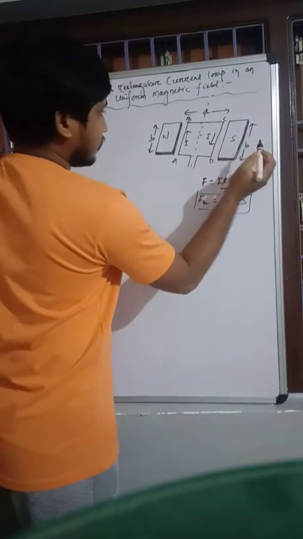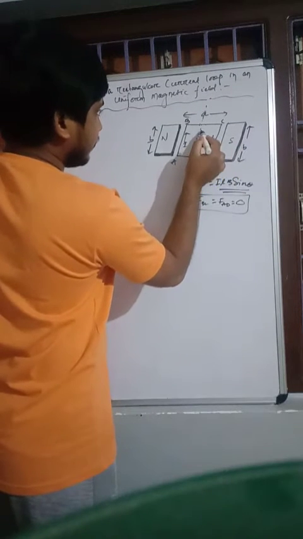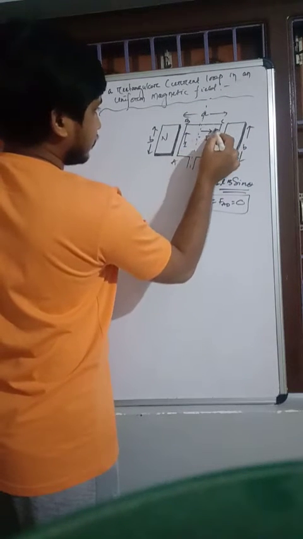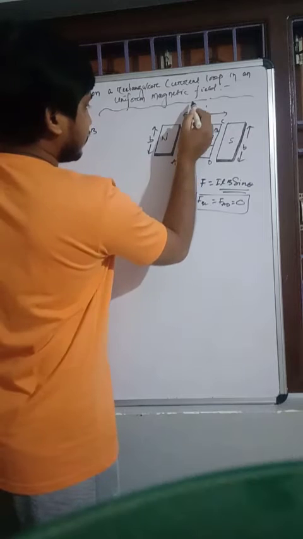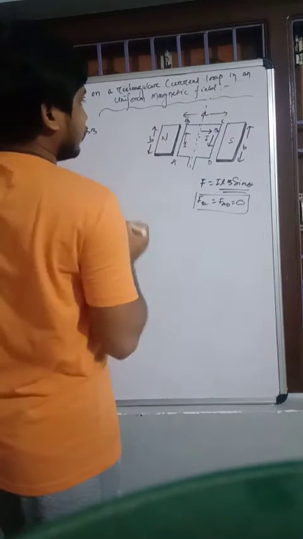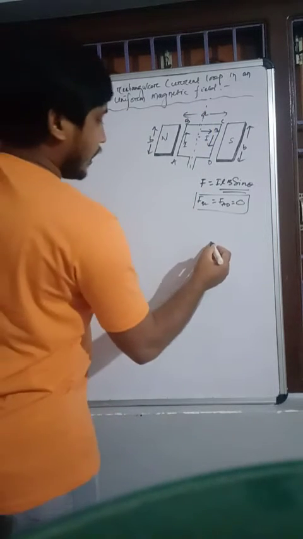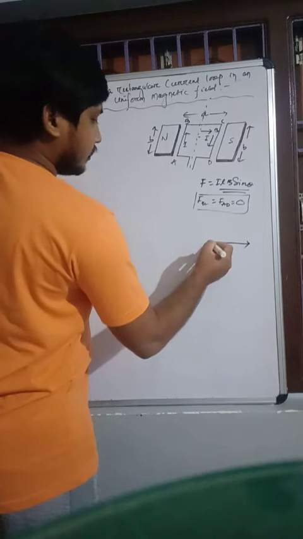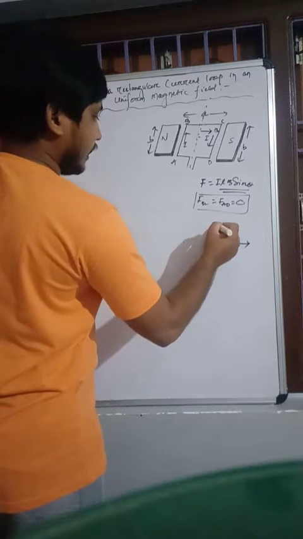The direction of the magnetic field is in this direction, and this is the length. So that means the magnetic field will be in this line, the length will be in this line.